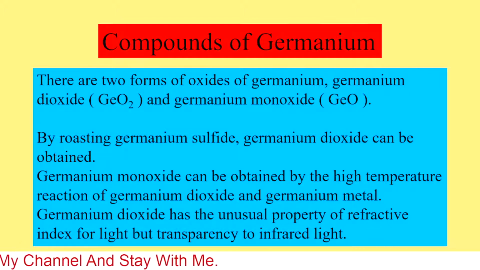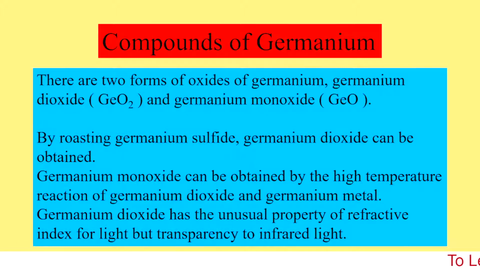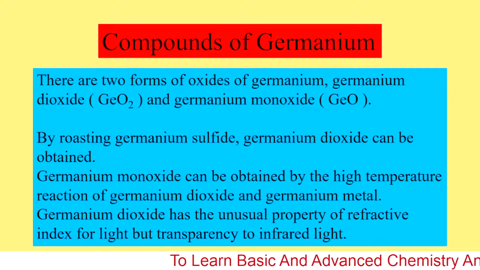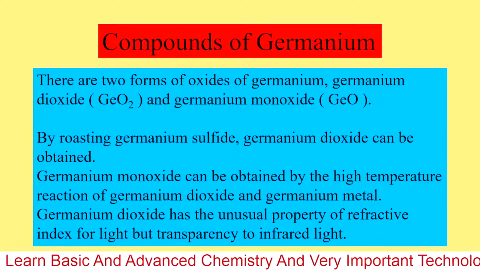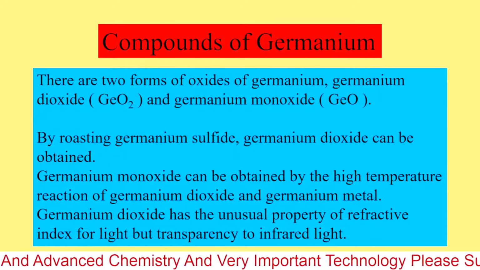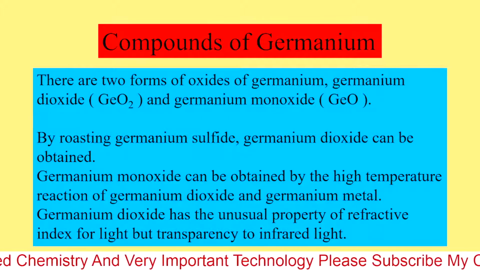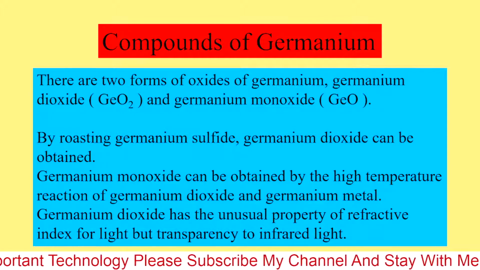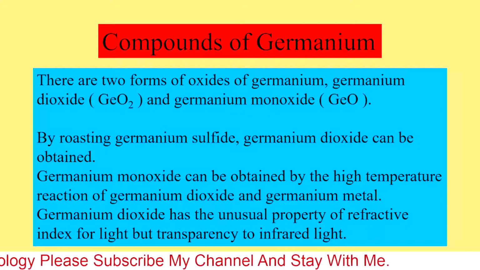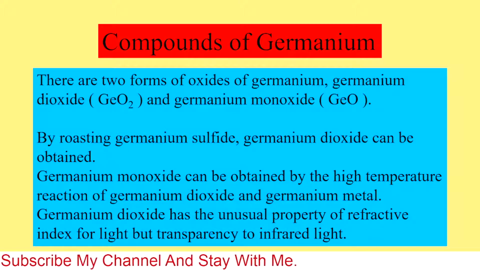So the refractive index is the ratio of the sine of the incident angle and the sine of the refractive angle. This is known as the refractive index. That means if there are two different mediums and light passes through them, then the light does not pass in the exact same direction; therefore the light changes its direction.